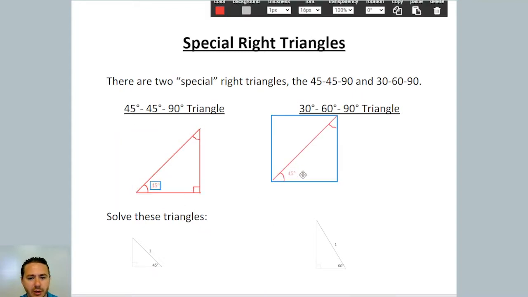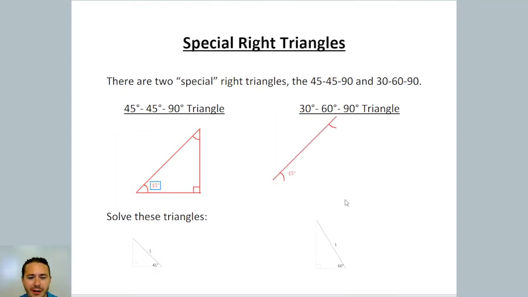Maybe not, I'll just retype it. At least I can grab the degree symbol from here. Okay, so these are both essentially 45 degrees, which means that the two side lengths are the same.